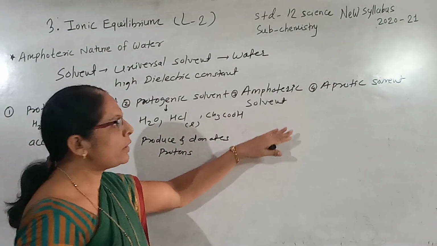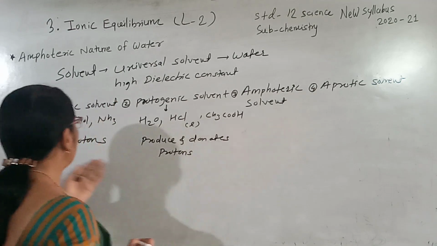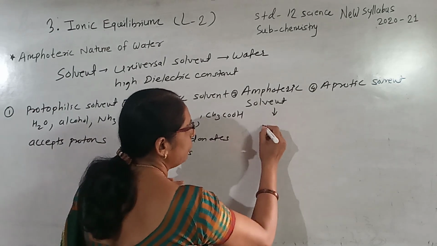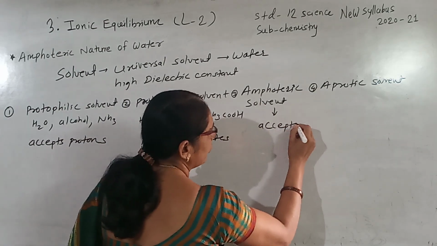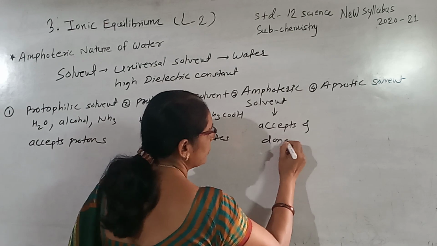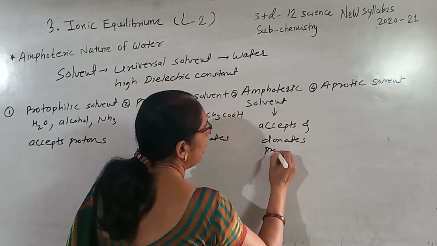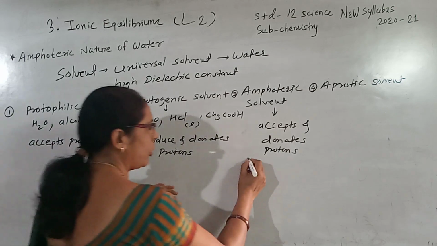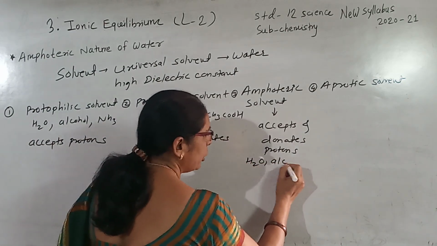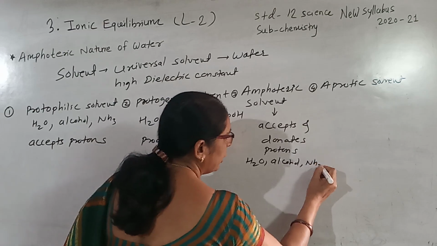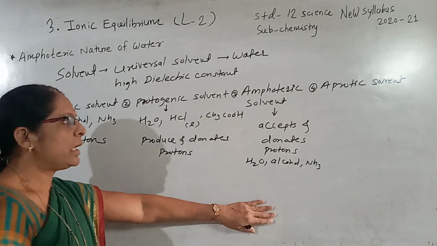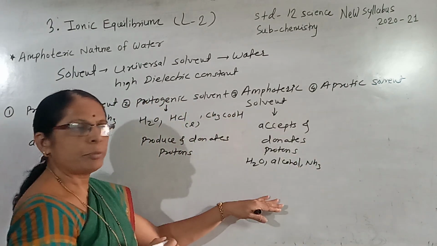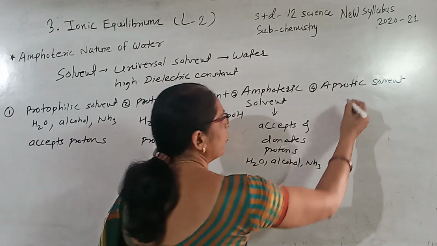Now the amphoteric solvent. Those solvents which can accept protons and also donate protons are called amphoteric solvents. Just like water, alcohol and ammonia are examples. They have a tendency to donate as well as accept protons.